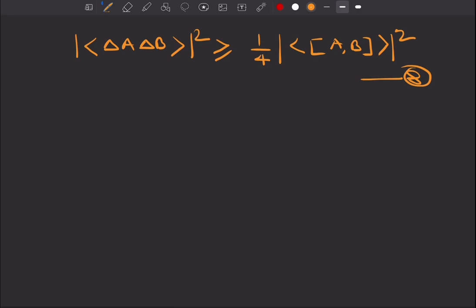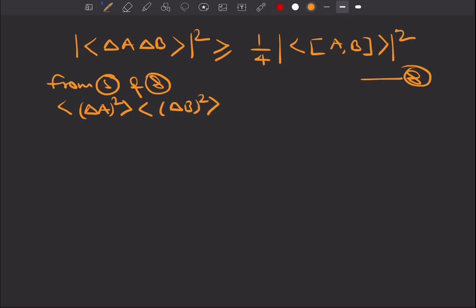Now comparing equation number 5 and 8, we get expectation of delta A square into expectation of delta B square is greater than or equal to 1/4 of the modulus square of expectation of A B commutator.